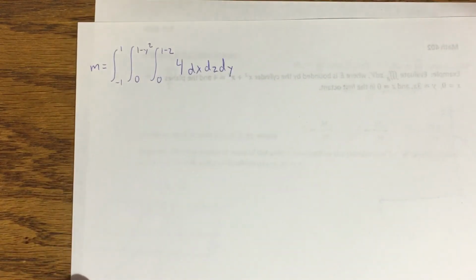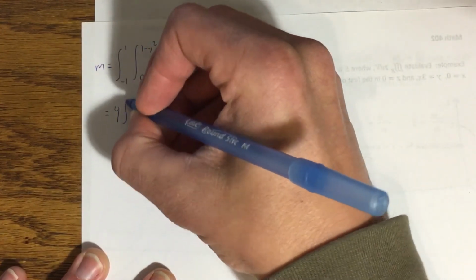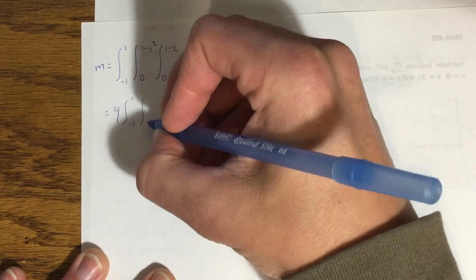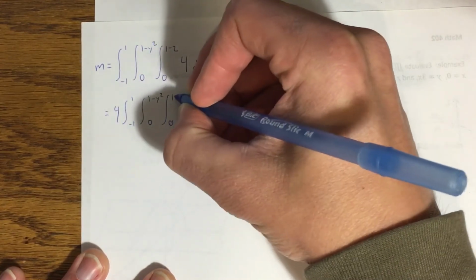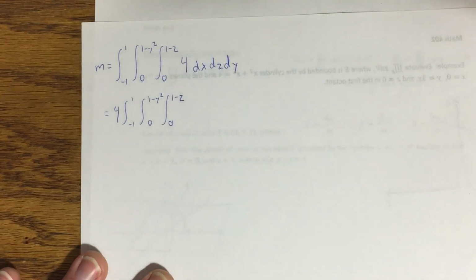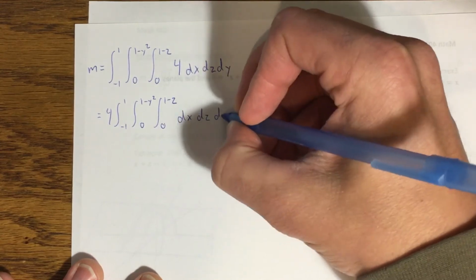So we can start by pulling the 4 out. So this is going to look like 4, integral from -1 to 1, 0 to 1 minus y squared, 0 to 1 minus z, dx, dz, dy.